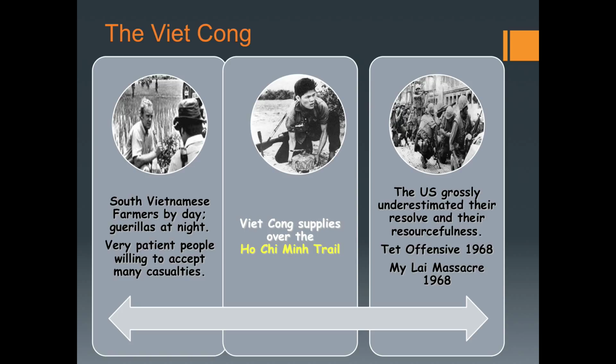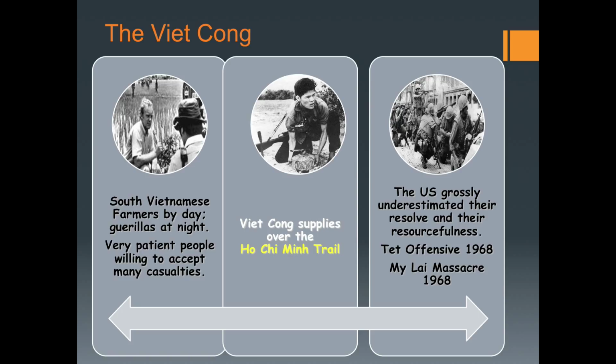Now, if you remember in the slide earlier, the Viet Minh is the actual army of North Vietnam. The Viet Cong is something different. These are South Vietnamese farmers by day, guerrilla fighters at night. These are farmers who have turned to Marxist communism and are going to support North Vietnam to free their country.